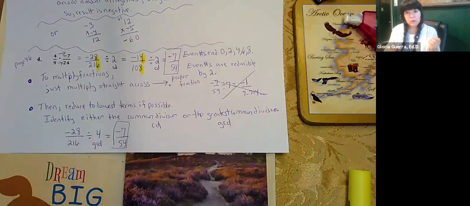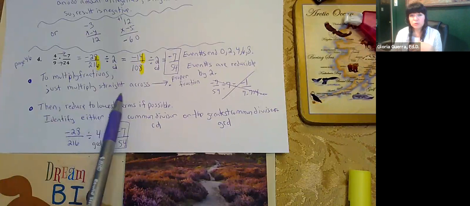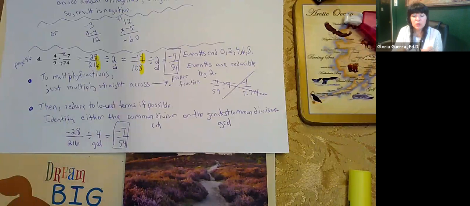Okay. Now, one thing I also want to stress is notice how I did not use a list of multiples. Notice how I didn't try to find a common denominator and build up the fractions. When you're multiplying fractions, you basically multiply straight across, and then you try to reduce. You do not find an LCD or an LCM.